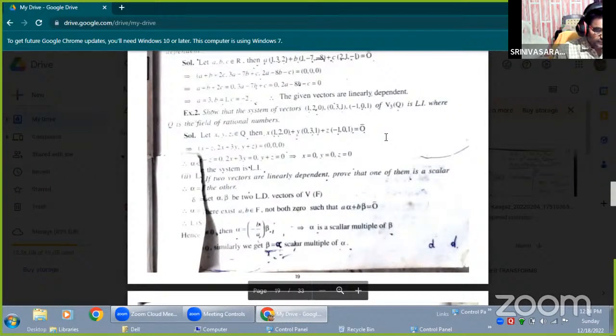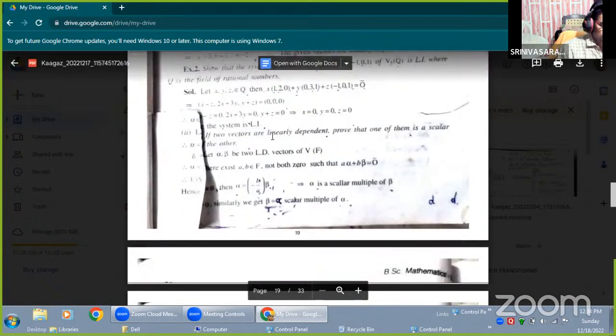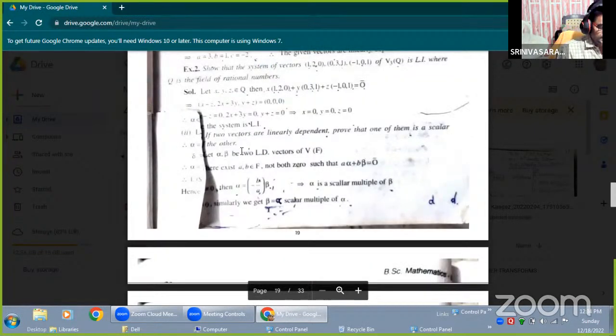What is the determinant? The determinant is non-zero. A non-zero determinant means linearly independent. The given system of vectors is linearly independent. That is the second method.